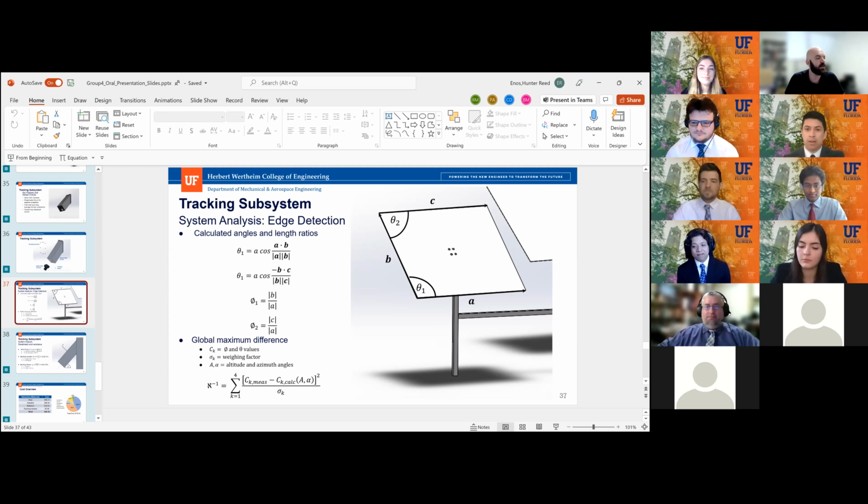Miles with Northrop Grumman. I got a couple questions. It's an interesting approach, definitely different than some of the other groups have taken with the camera tracking system. I kind of had the same concern with being able to actually pick up the edges and with how bright the reflection would be off of those.